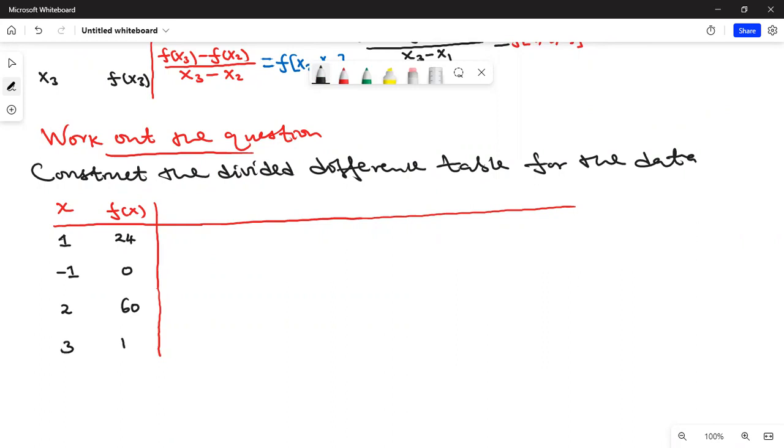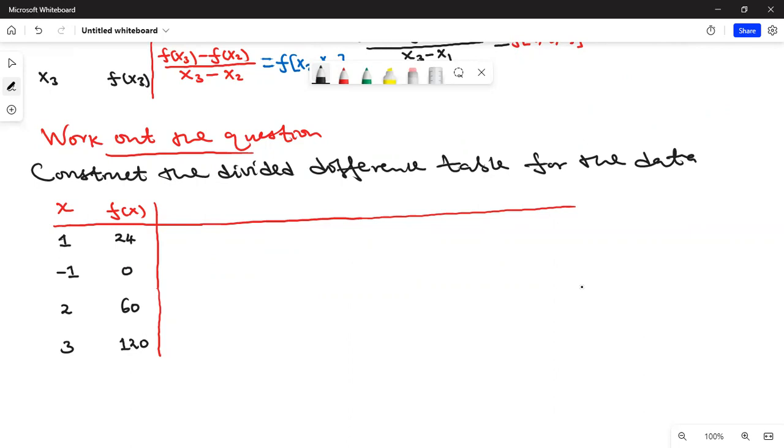Something you need to take note of about this divided difference interpolating polynomial is that you don't need to sort the data in ascending order. And even the spacing between the x values need not be constant or uniform. That's very important. So it means divided difference is better than even the backward difference and forward difference interpolating polynomials.